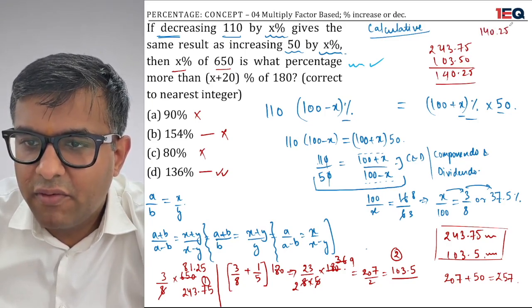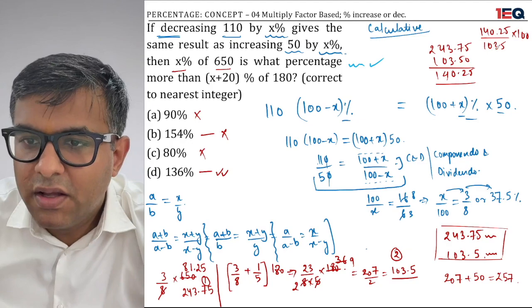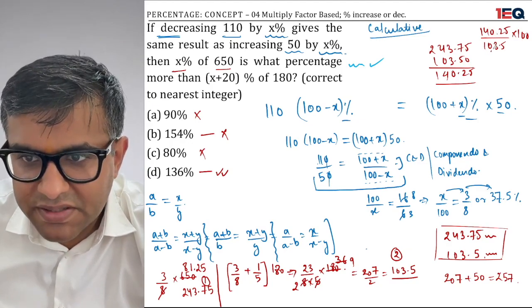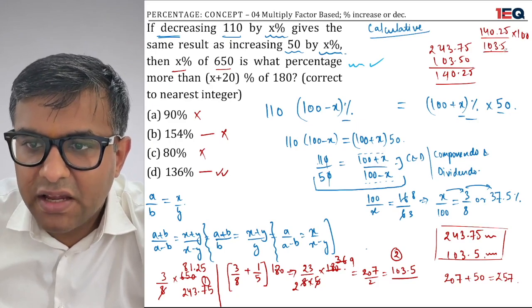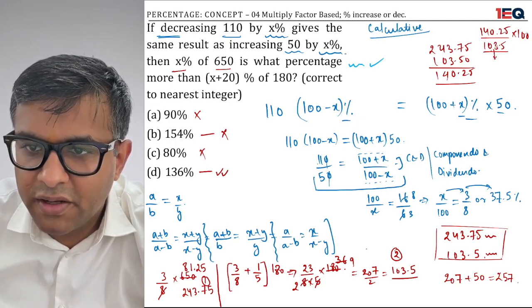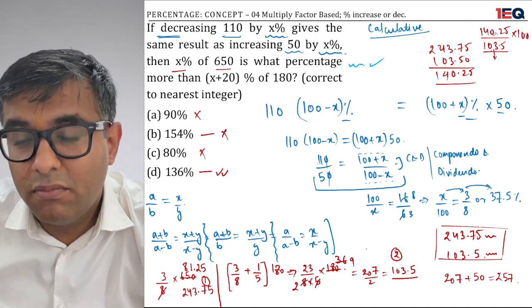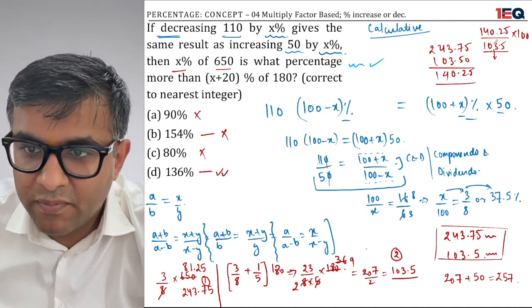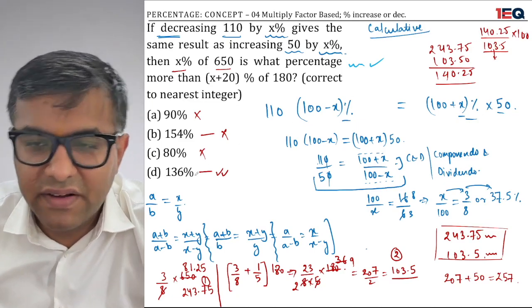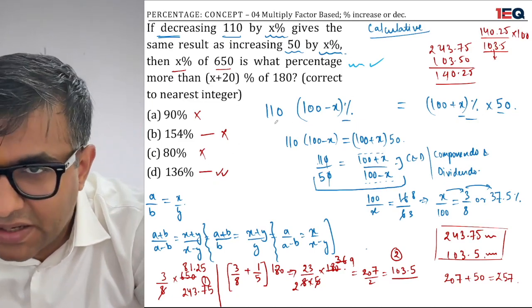I'm sitting at 140.25 divided by 103.5 multiplied by 100. It's clearly an answer of anything above 100%. And to check if it is above 50% of this quantity in the denominator, the answer should have been above 257 or above 157, but we are sitting at 140. That is why the answer 136% is the correct answer.